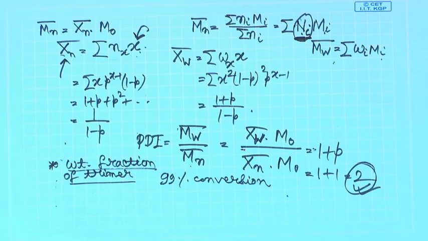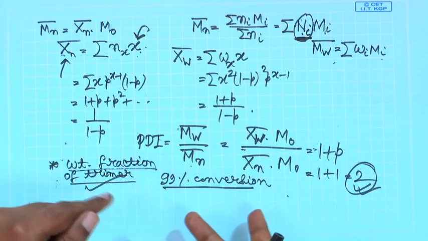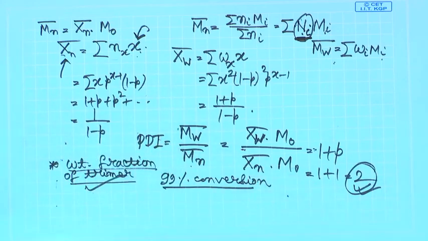These are the utilities. You have done the reaction to a certain extent, and then you want to find out the weight fraction of different species. You can find out using some of these equations.